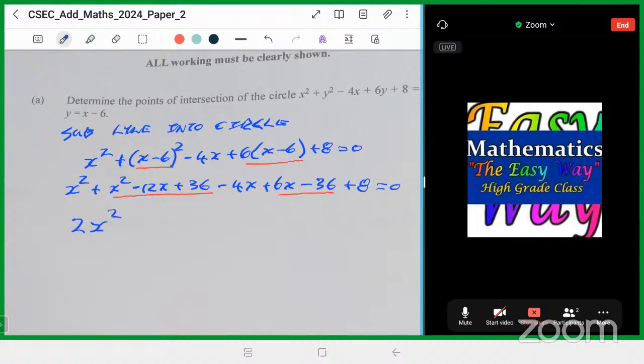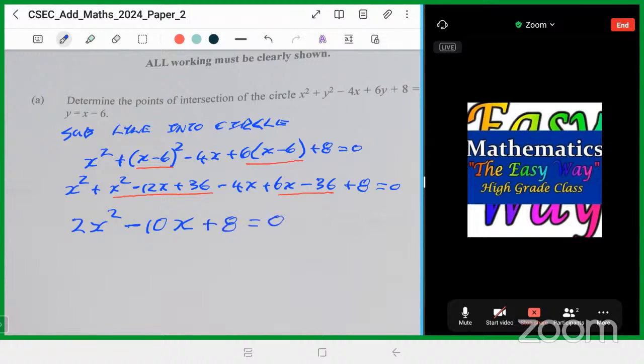And then in terms of the x's now, this and this now makes positive 2x. 2x minus 12 is now negative 10x. Different kettle of fish. Again, this 36 wipes out that negative 36 and now a positive 8 here. Equals 0.